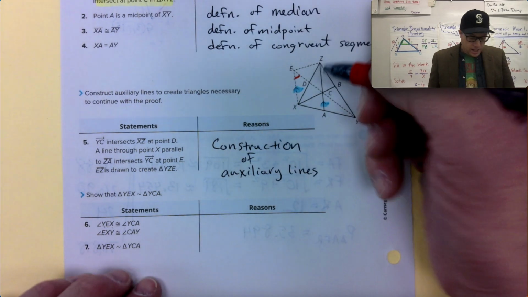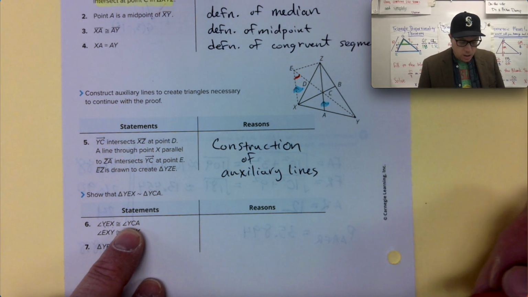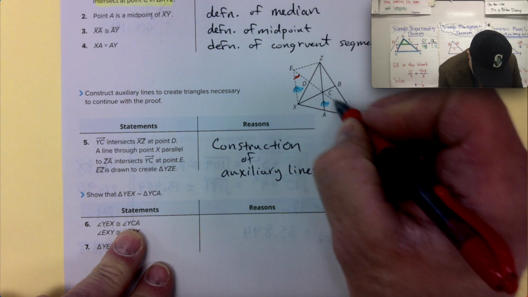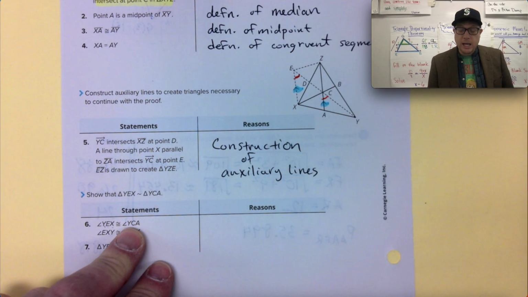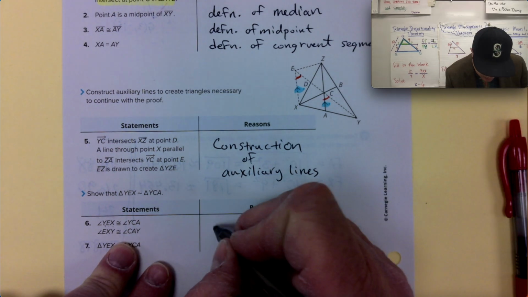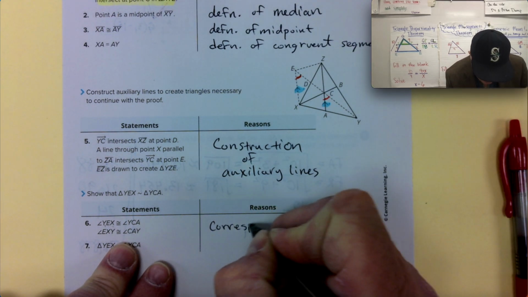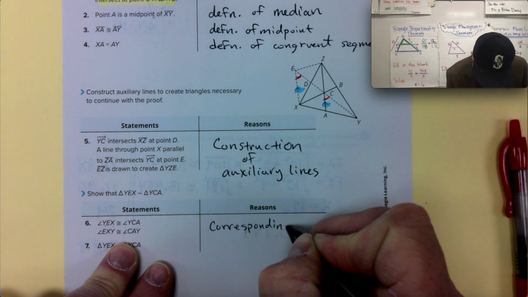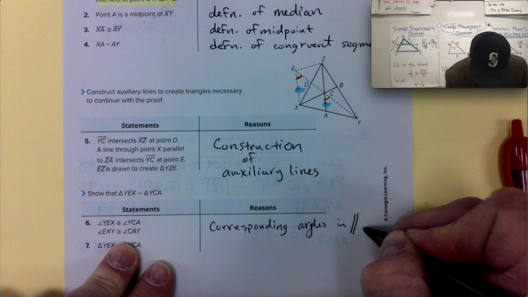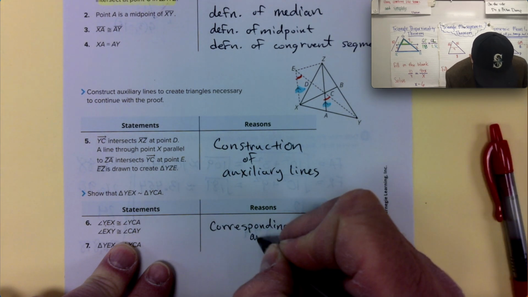That angle has to be congruent to angle YCA. YCA here. They're corresponding angles. Corresponding angles in parallel lines are congruent.